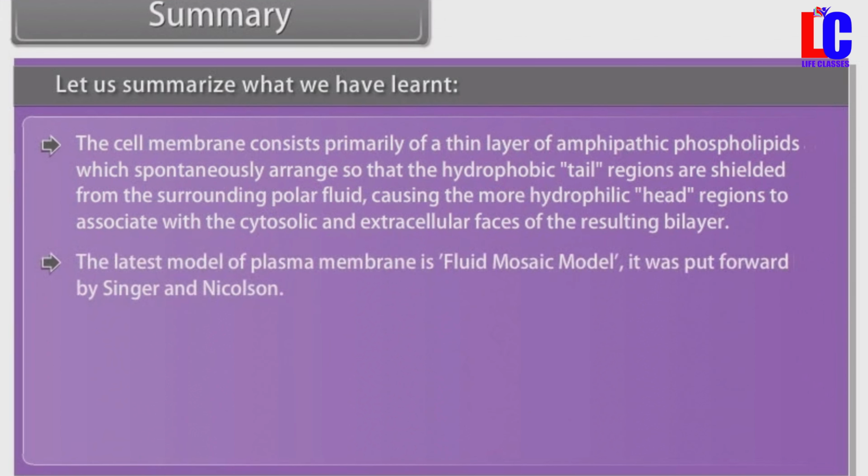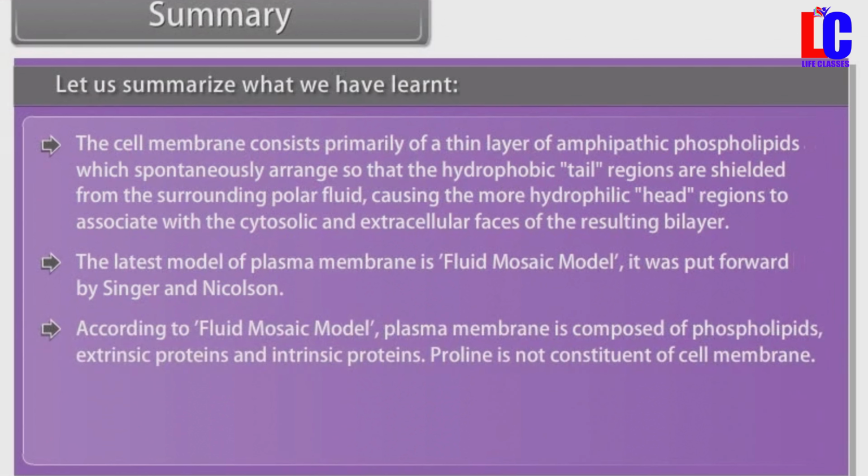The latest model of plasma membrane is fluid mosaic model. It was put forward by Singer and Nicolson. According to the fluid mosaic model, plasma membrane is composed of phospholipids, extrinsic proteins and intrinsic proteins.